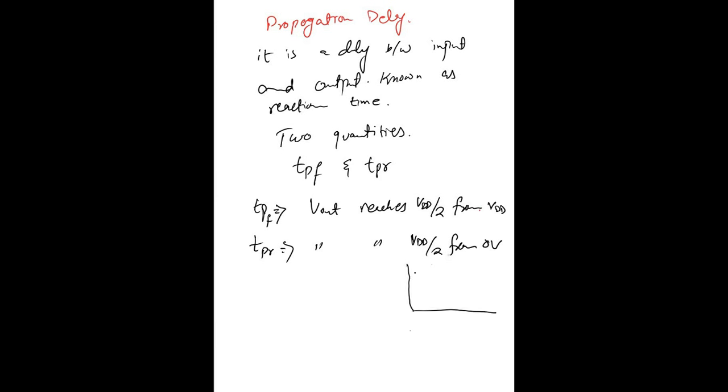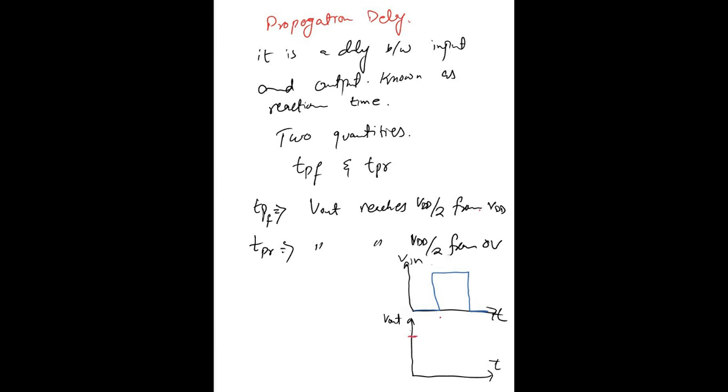We have our input wave, this is our time t, this is our V in, and if we draw this wave here, it goes to a high level and then goes back to 0. Correspondingly, we draw the output, V out versus t.